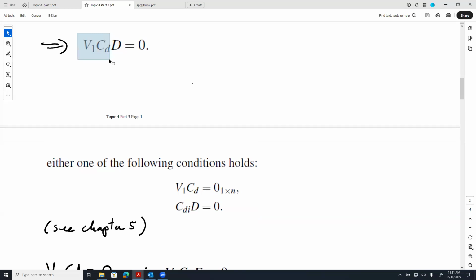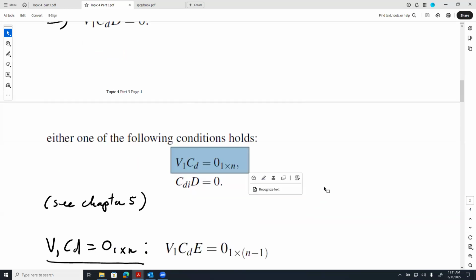And when we talk about 0, it's a 0 row matrix. Now, if it's 0, then 0 times D, which is a column matrix, will ensure that term is 0. So one condition is V1 times CD is 0.